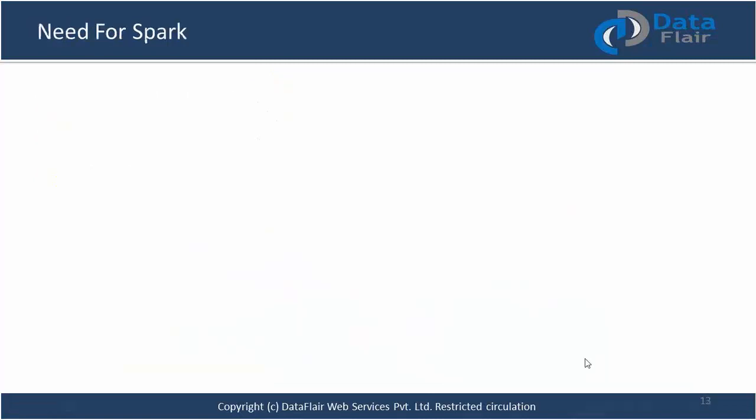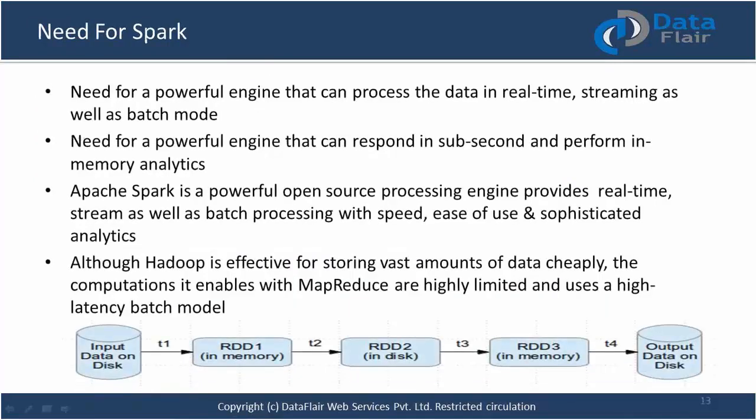Let's proceed ahead. Now, a question, although I already answered it: need for Spark. Let's discuss it in a little more detail. There is a need in the industry for a powerful engine that can process the data in real time, in streaming as well as in batch mode. A system with diverse capabilities.